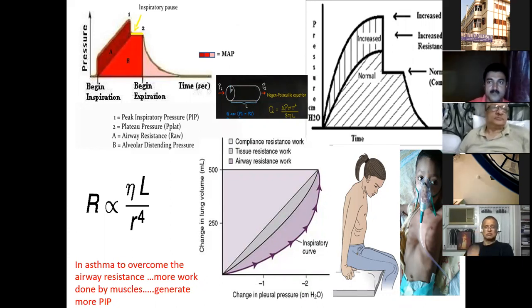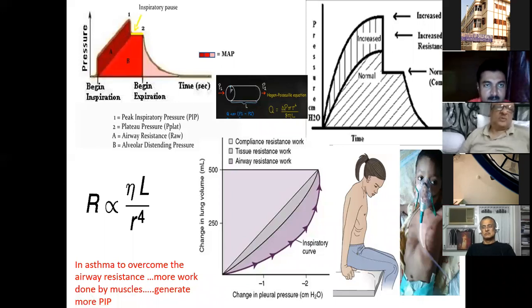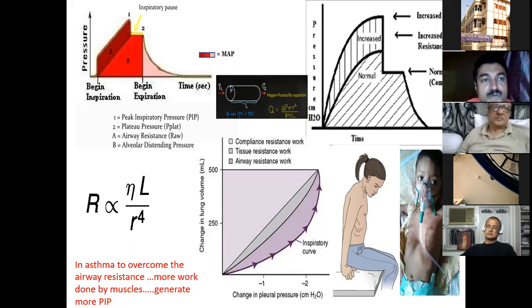And this is called plateau pressure or plateau phase or inspiratory pause, where no air is moving in, but the alveoli are in maximum distension, and this is called indirect evidence of the pulmonary compliance.